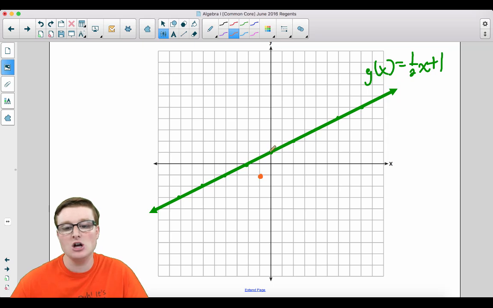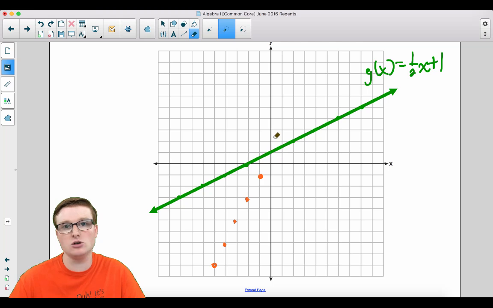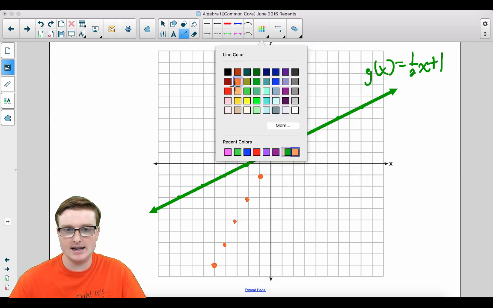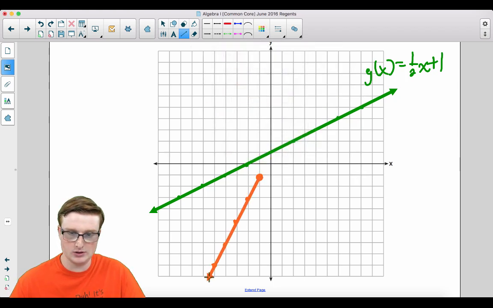Well, you need to take into account, you can't put it over here because it has to be less than, or, sorry, less than or equal to -1. So we can't include this, but we do know that go down 2 and to the left 1 has that slope. And I'm going to erase that point that I just drew over here. We can't include that. But what we can do is we can make a line extending from this point downwards.